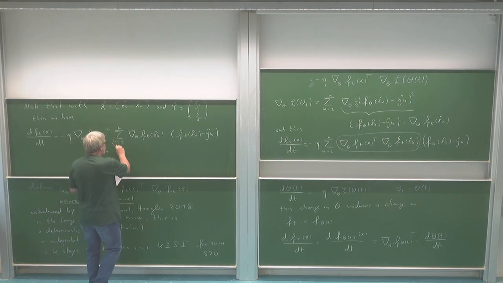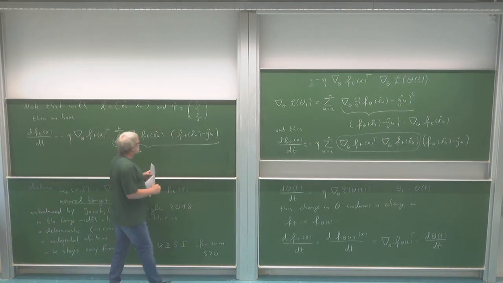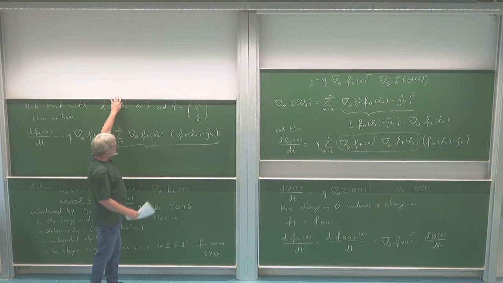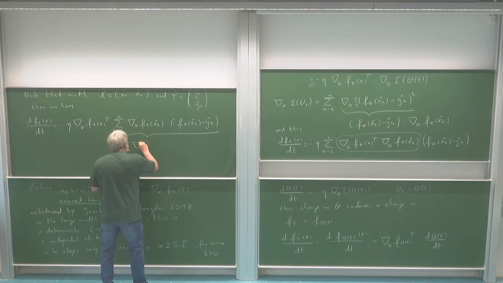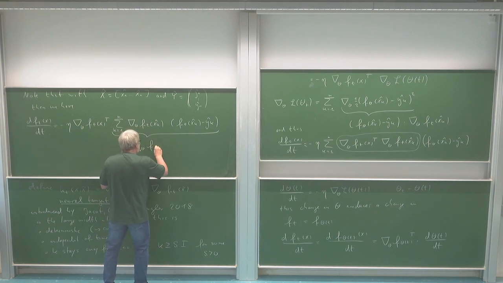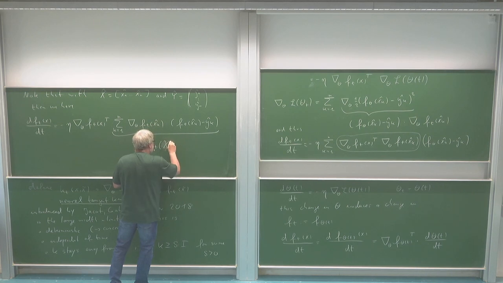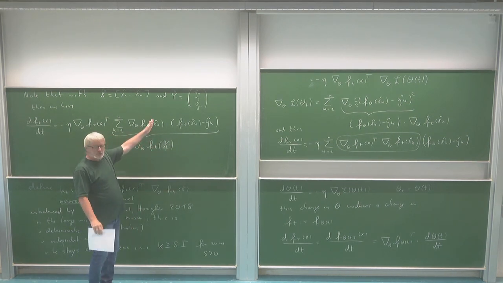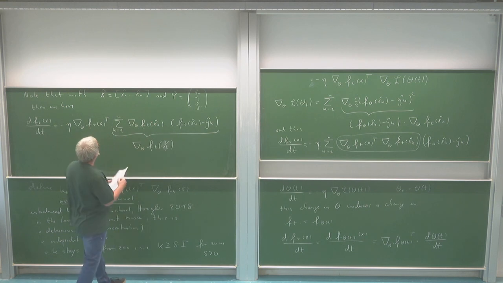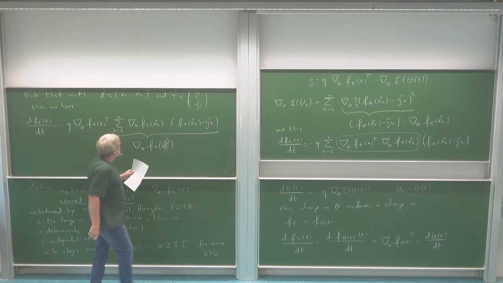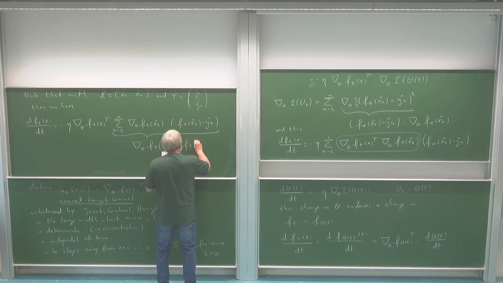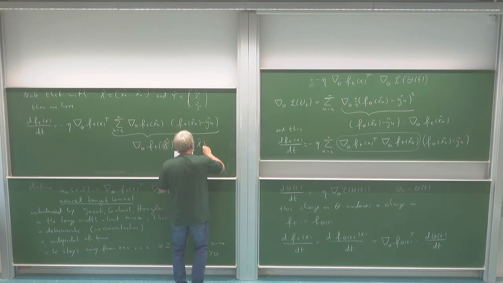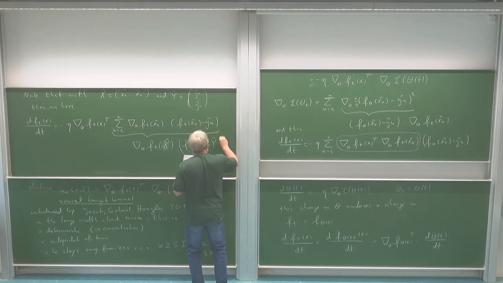And I mean this here now, I'm summing over all the k's. This can now be written as the gradient of f_t, and now I'm putting in my data matrix, this x matrix, which is just a collection of all these xk vectors, and I'm multiplying this with f_t of x hat minus y hat.